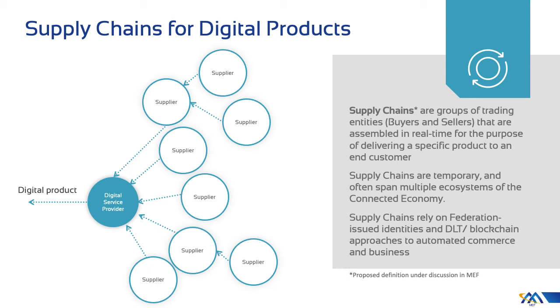Well, now we're going to see complex supply chains also for digital products, because at any given time for a particular customer that needs a particular digital product, not all of the product elements required to build that digital product will be available from a single actor or entity in a federation. They typically will need to purchase that in real time from their partners, who in turn may have to order from their partners.